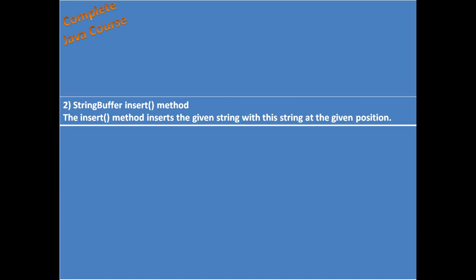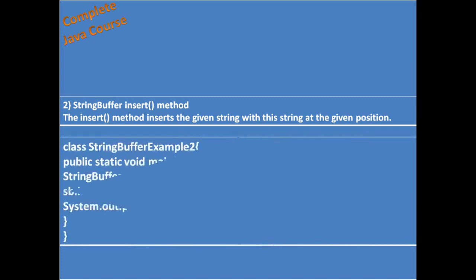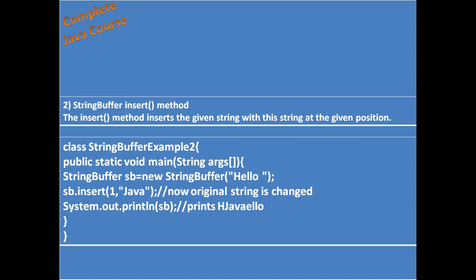Now the next method is the StringBuffer insert method. The insert method inserts the given string with this string at a given position. Suppose you create a StringBuffer object with the hello literal and you want to insert a string at a specified index.